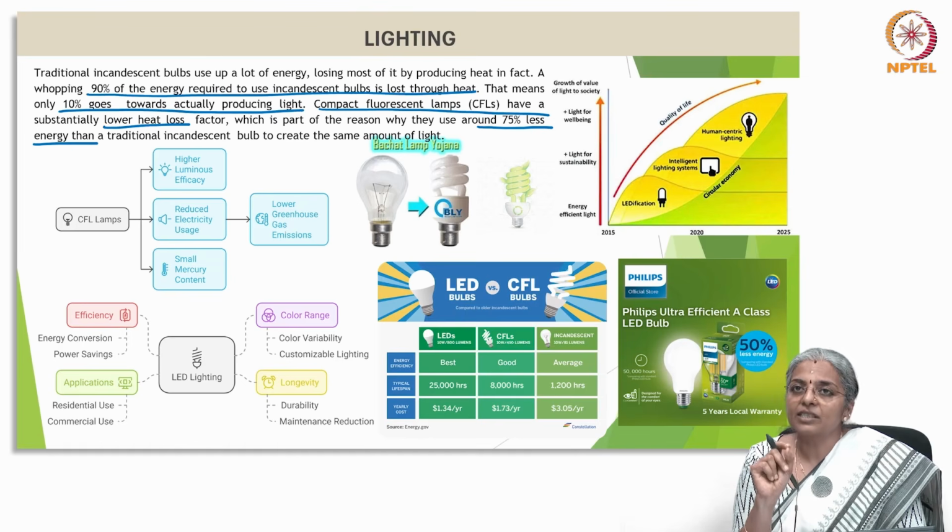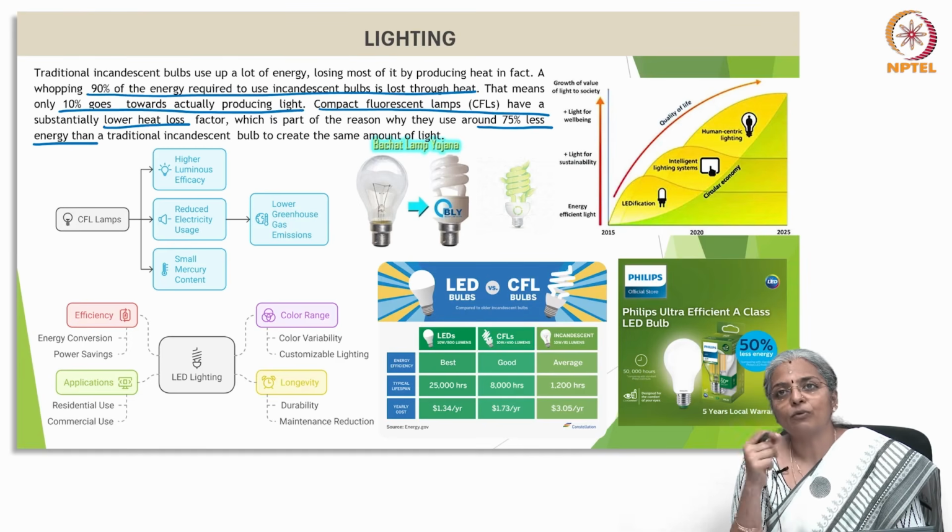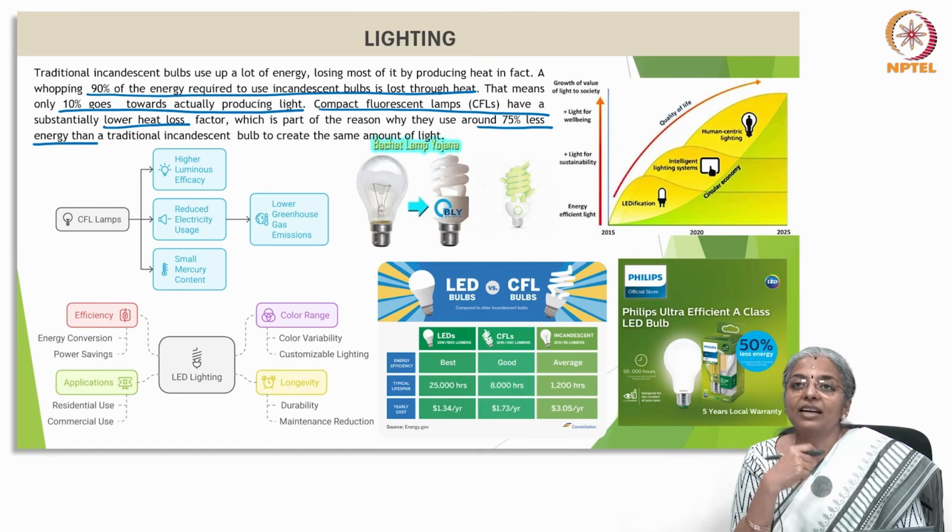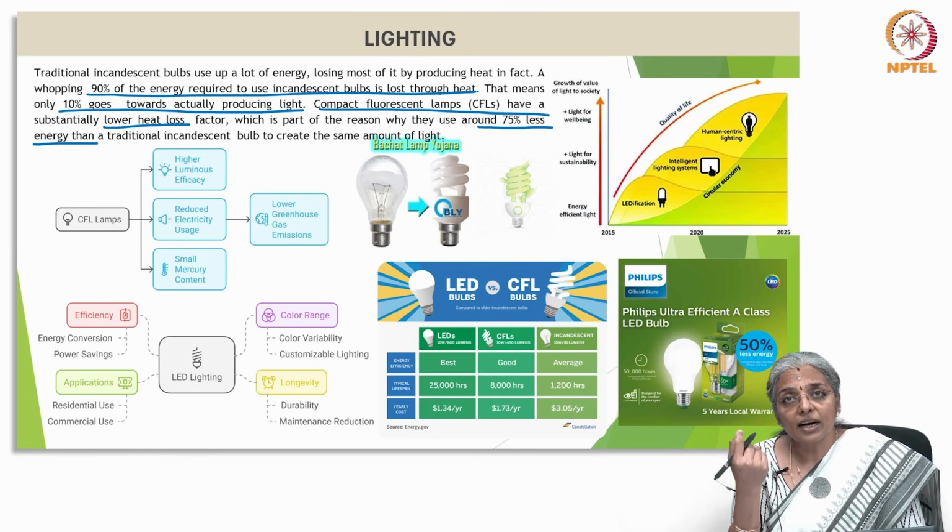So, CFLs use less electricity than traditional light bulbs. They reduce the demand for electricity, and that reduction means less greenhouse gas emissions, including the unwanted emissions from mercury and also from the power plants.